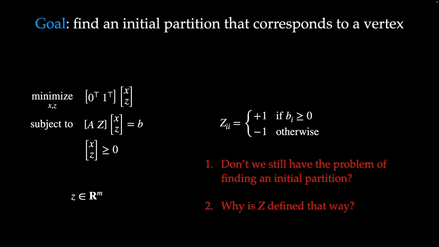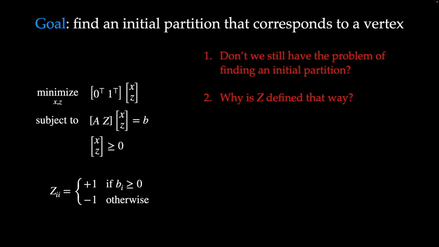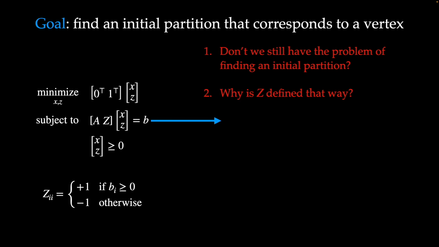Let's start with the second question first. Why is Z defined like this? So if we write out this constraint, this is just Ax plus Zz equal to b. Okay, so consider the case here where x equals 0. If x is equal to 0, then we just have Zz equal to b. Now remember that we have constrained z to be greater than or equal to 0. b, however, can have negative components.